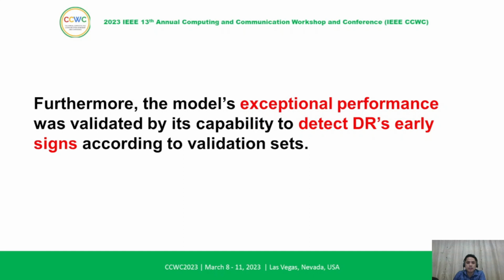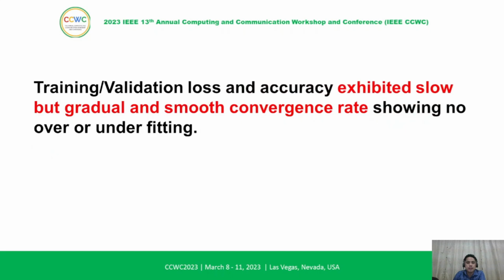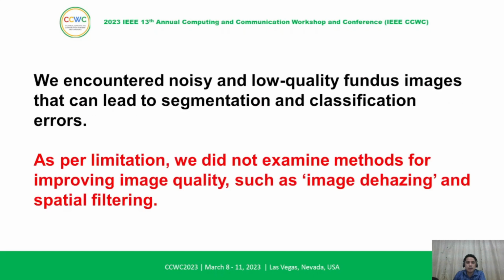Furthermore, the model's exceptional performance was validated by its capability to detect even early signs of diabetic retinopathy using a validation set. Our training and validation loss exhibited slow given the complexity of the model, but gradual and smooth convergence, showing no signs of over and underfitting.